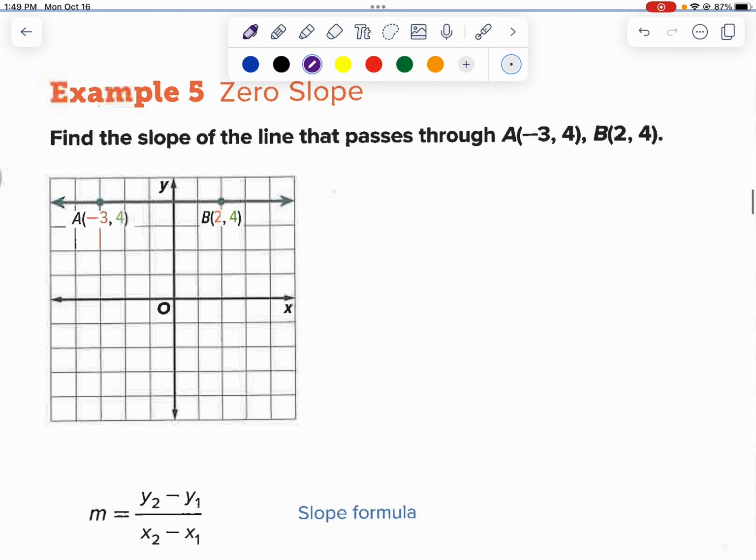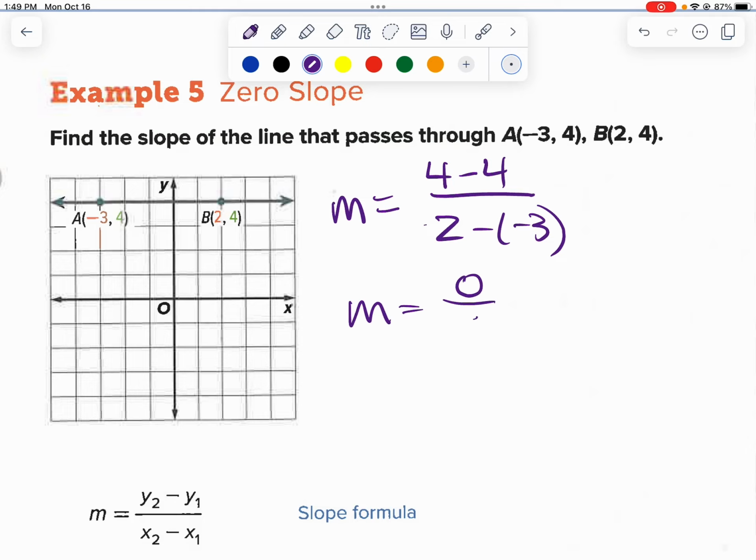So, find the slope. 4 minus 4 over 2 minus -3. 0 over 5, which is 0.